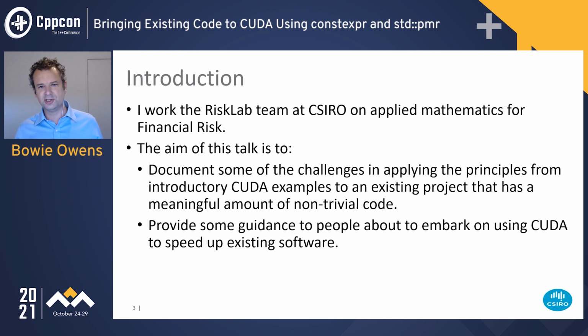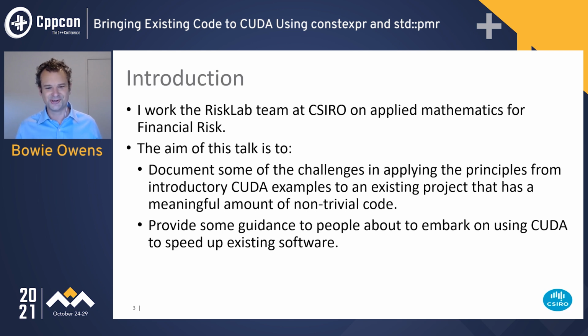So I wanted to document my experience, some of the things that I'd learned along the way while it was still relatively fresh in my mind, and also because I hope that it would be of use to people who have existing code and think that it might be a good fit for doing calculations on the GPU, but haven't started on that process yet.